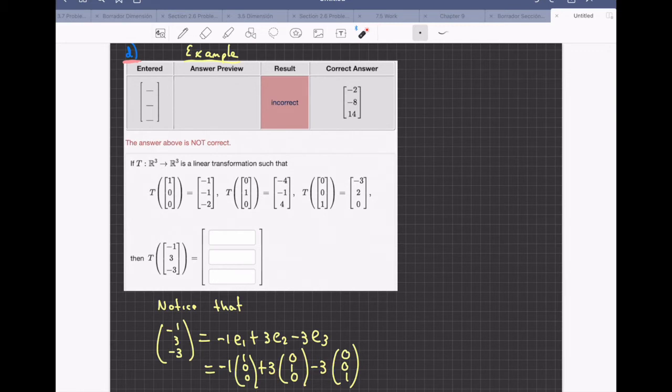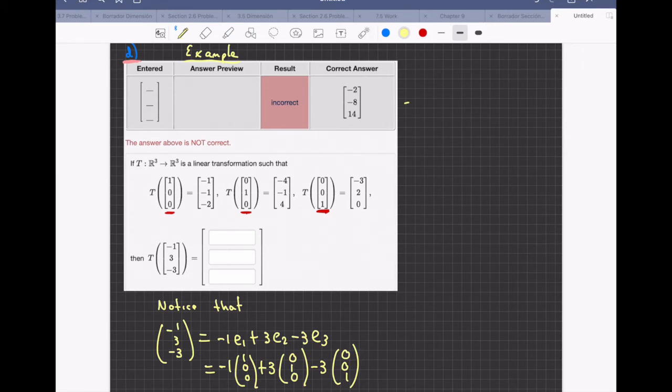And in this case, it's going to be useful because I have the information for each of these. I mean, notice I have T100, T010, and T001. So now I can apply the properties for linear transformations.